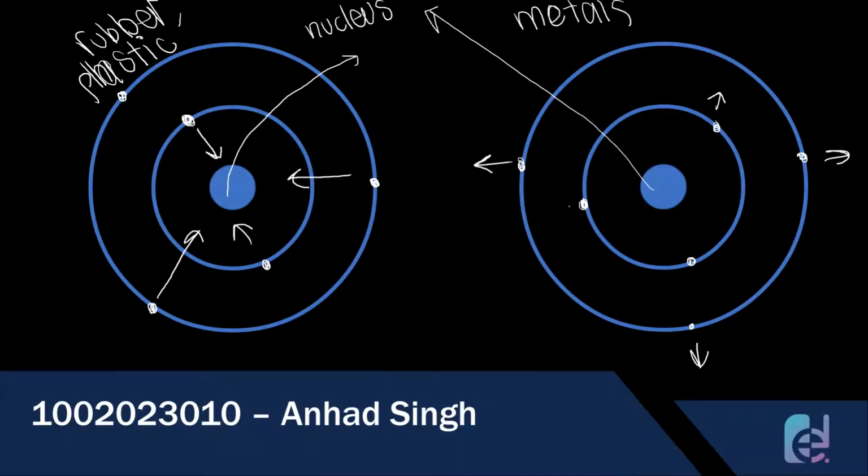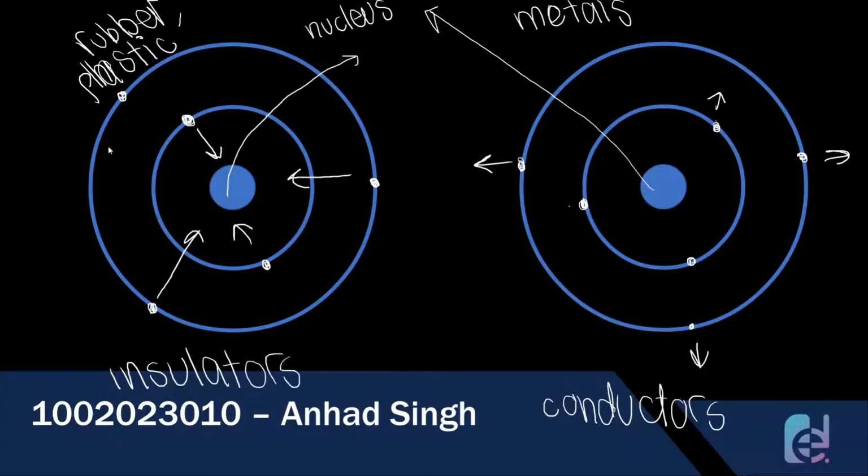They have electrons which can move around more freely than these type of atoms, and we call these type of atoms conductors. So these are conductors, which have electrons which can move around more freely, and these are insulators, where the electron is more like pulled into the nucleus.